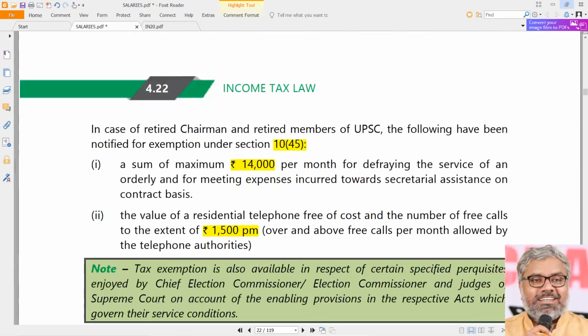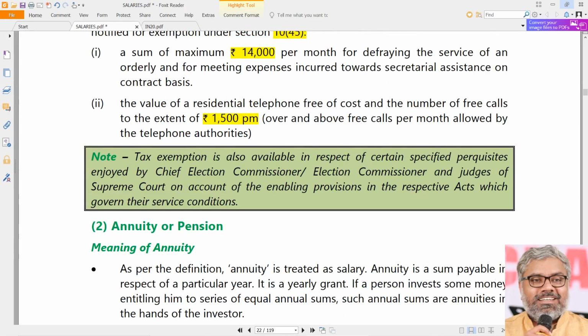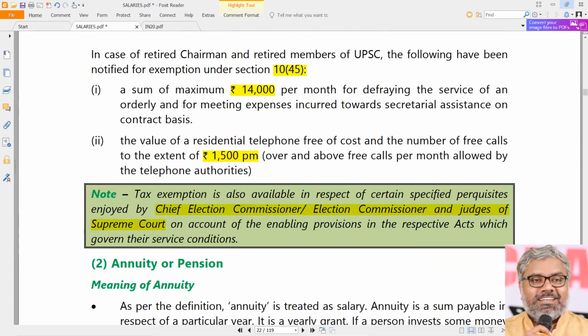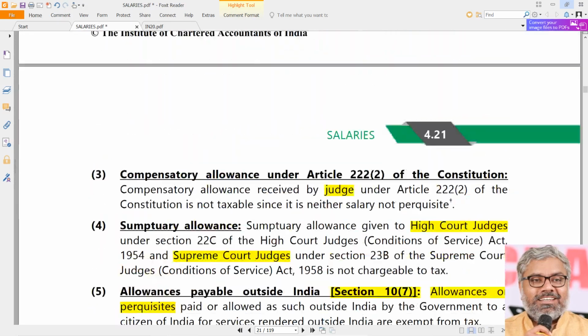We don't need to really worry about that much. On a general note, yes, we can have an idea that there are a lot of exemptions for them. And not only that, there are so many other people like the Chief Election Commissioner, judges of the Supreme Court, and so on. Those are all exemptions given to them. So anyway, exemptions are there, which means there is nothing for us to calculate. Don't worry about that.